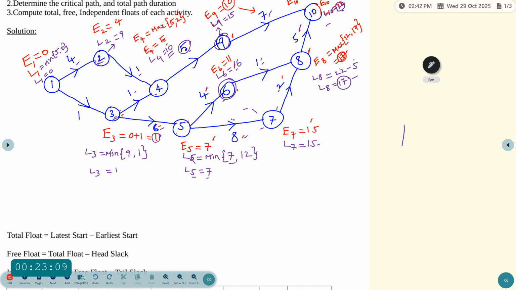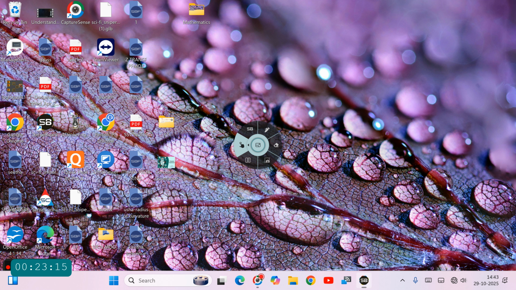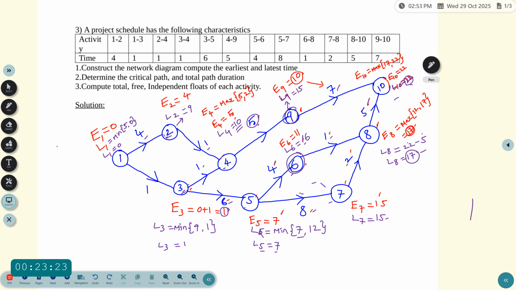So this is the network diagram. Now the first question is completed, which is to construct the network diagram and compute the earliest and latest times, E1 and so on to E10, similarly L1 and so on to L10.